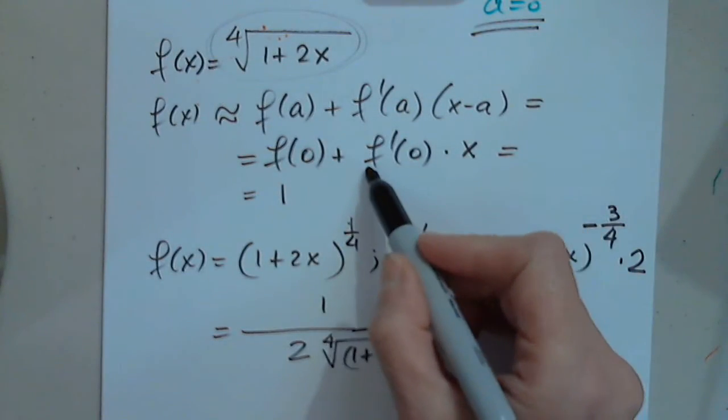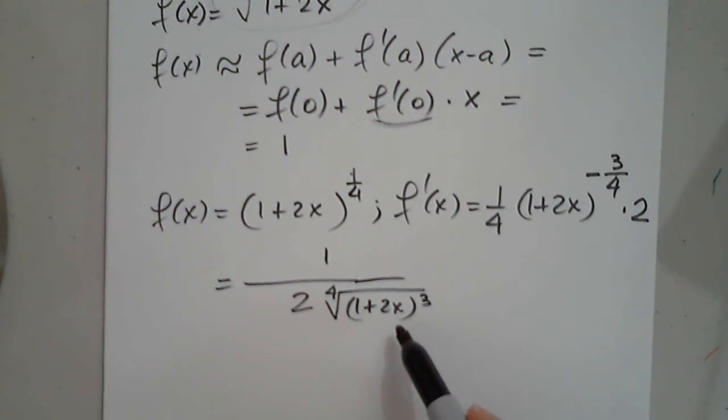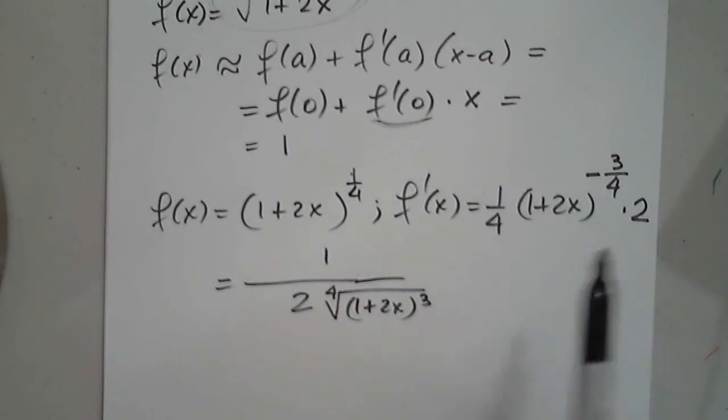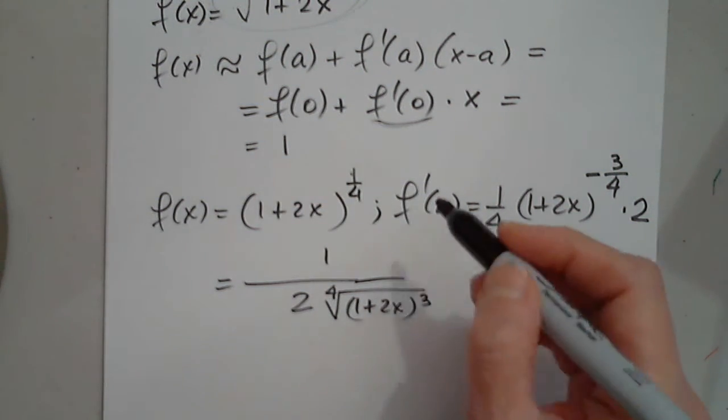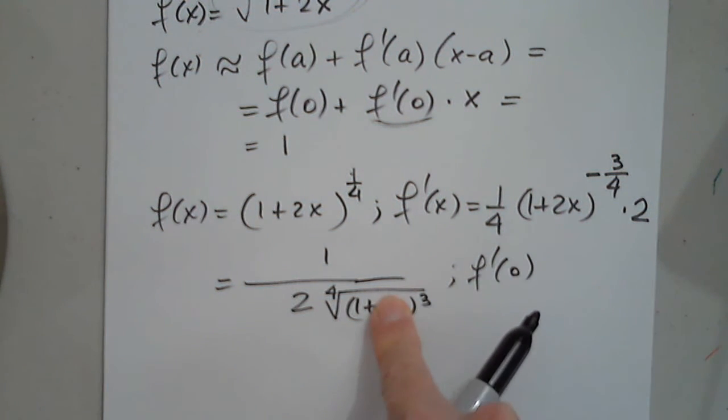Remember where I am. I have to plug in 0 here because I need to find f prime of 0. I found f prime. I'm happy now, but I have to plug in 0. So how much is f prime of 0? I think 1 over 2.